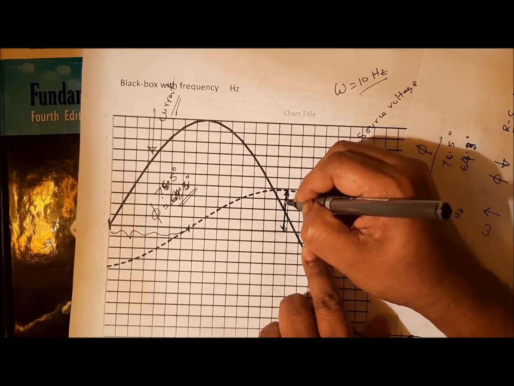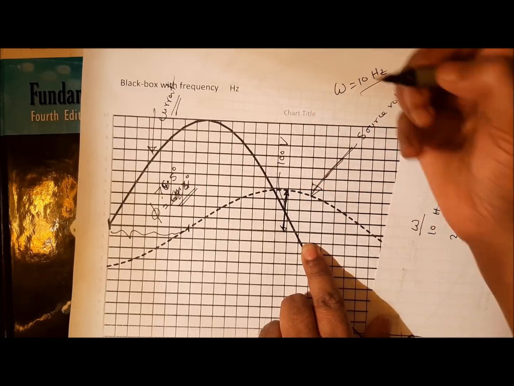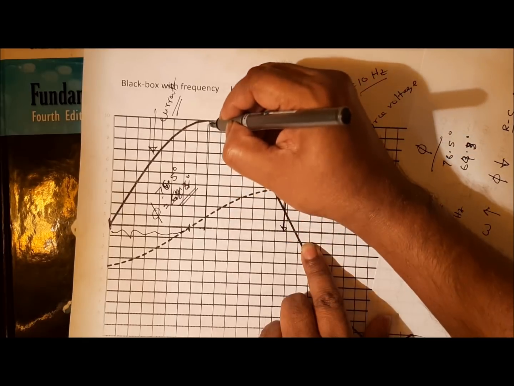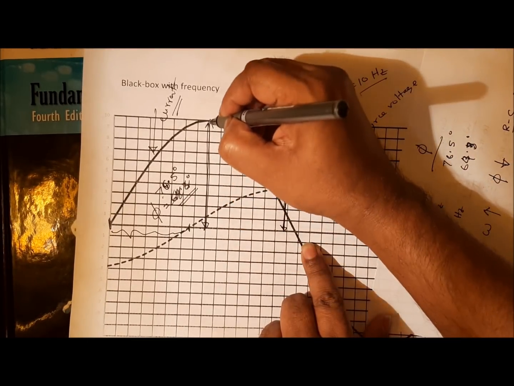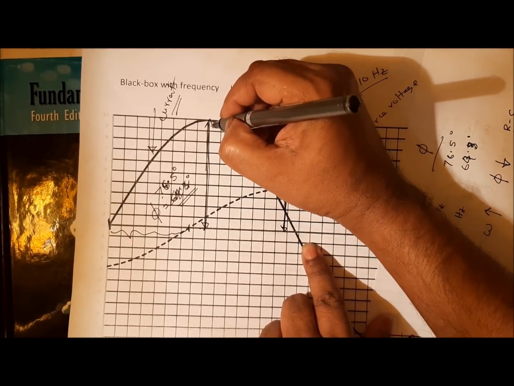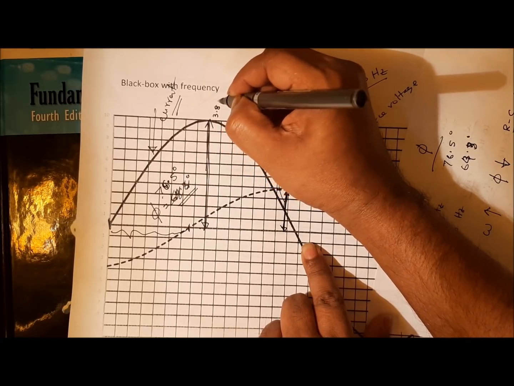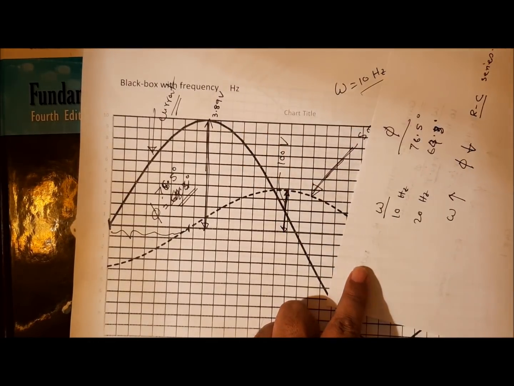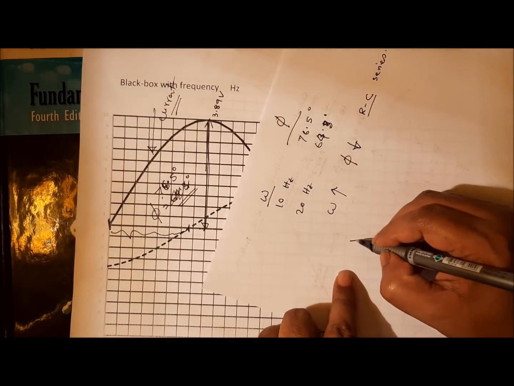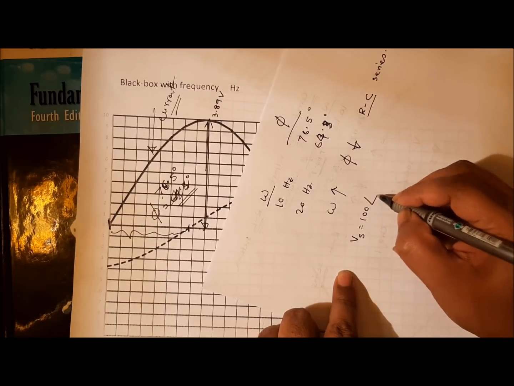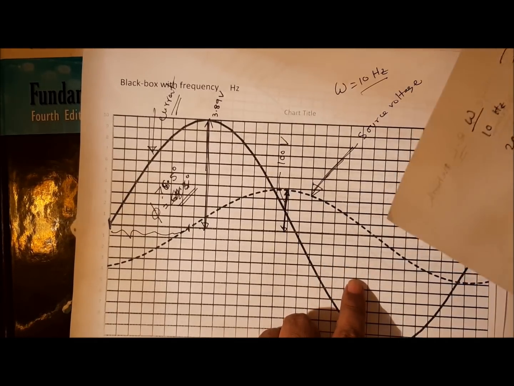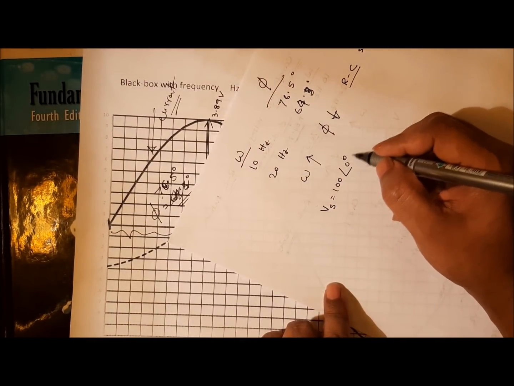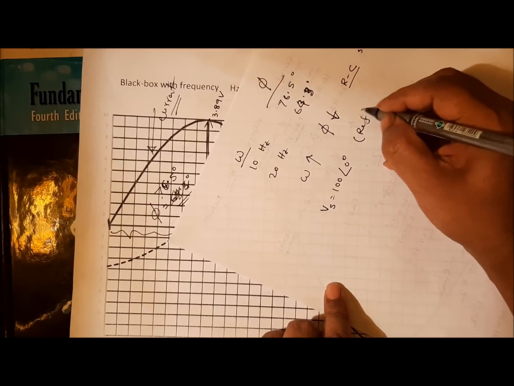Let's say we got 100 volts, and the voltage from here to here is 3.89 volts. So for V source we got 100 at 0 degrees. We always assume V source as reference.